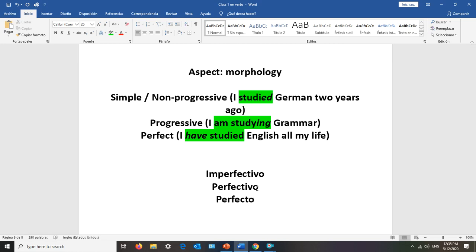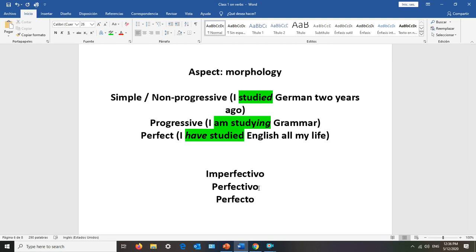Right? So perfective aspect is shown by forms such as canté, había cantado y habré cantado. That is to say, pretérito perfecto simple, había cantado, pretérito pluscuamperfecto, habré cantado, futuro perfecto.